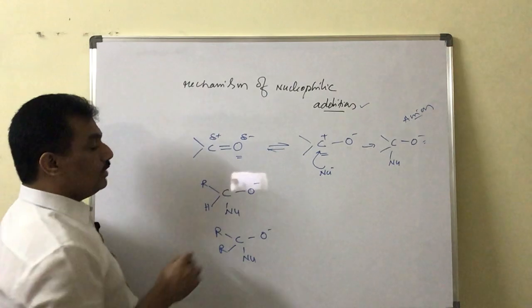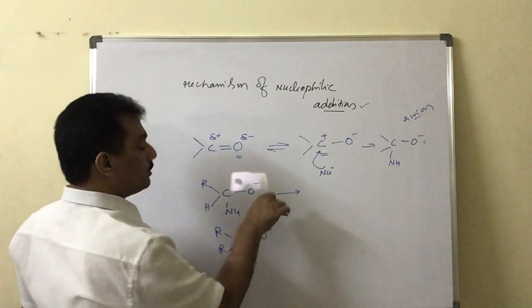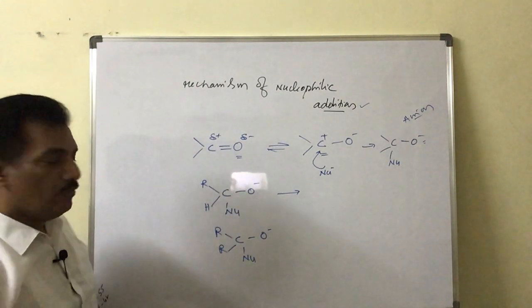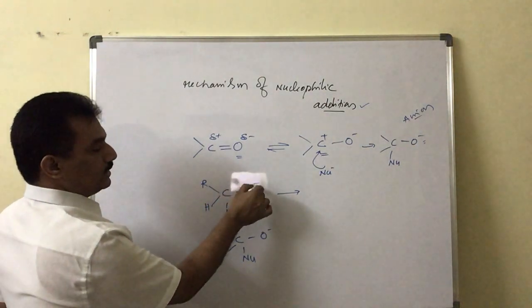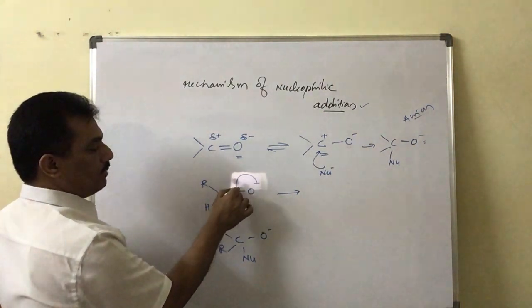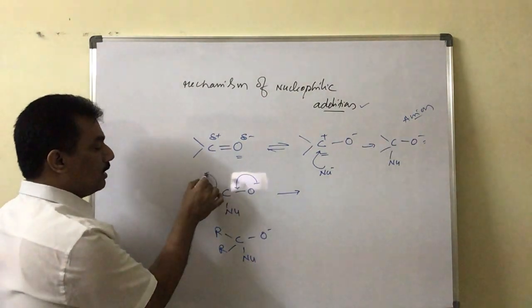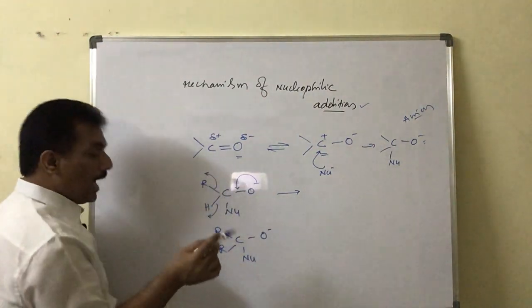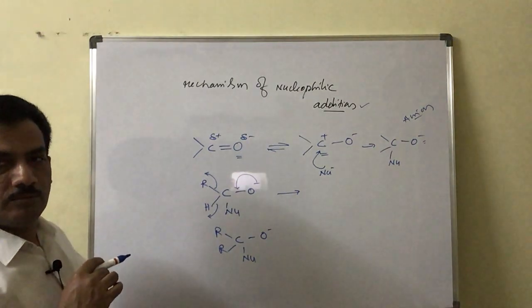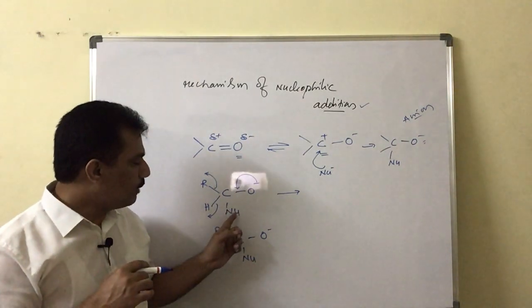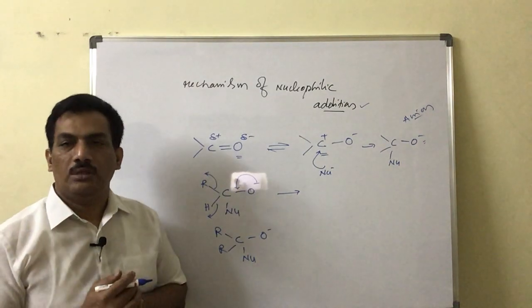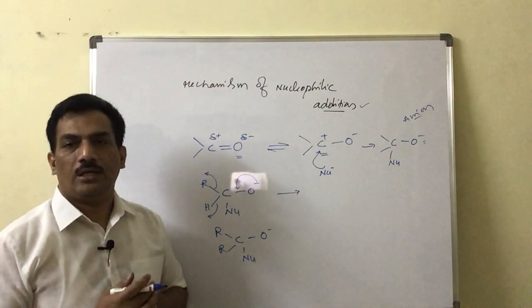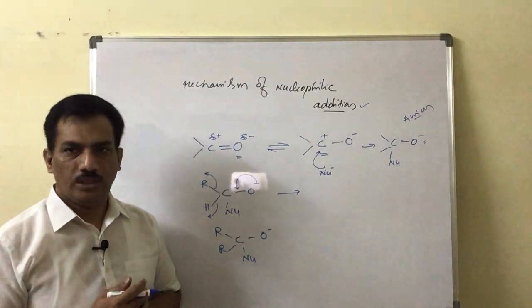And in case it undergoes substitution, what should happen? When the nucleophile is coming in and making the bond, and again when it is coming back, either this group or that group has to be replaced. That means when a nucleophile comes in, either the alkyl group or the hydrogen has to leave the substrate in the form of a nucleophile, is it not?